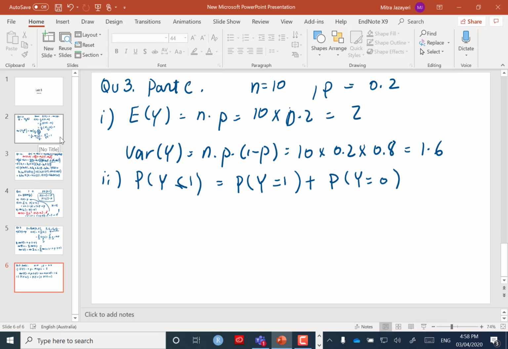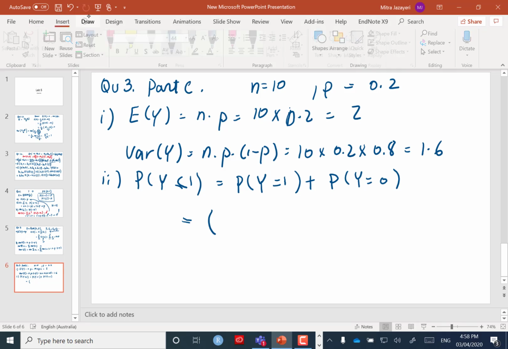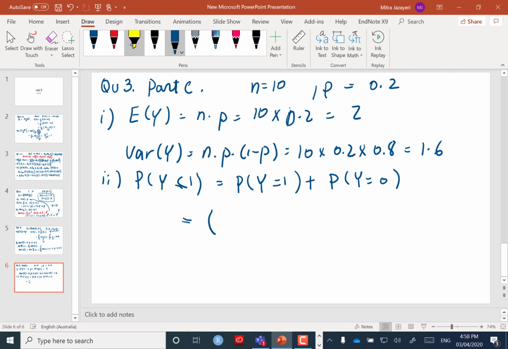We have the formula for binomial probability: P(X = x) is n choose x, times the probability of success to the power x, times the probability of failure to the power n minus x.